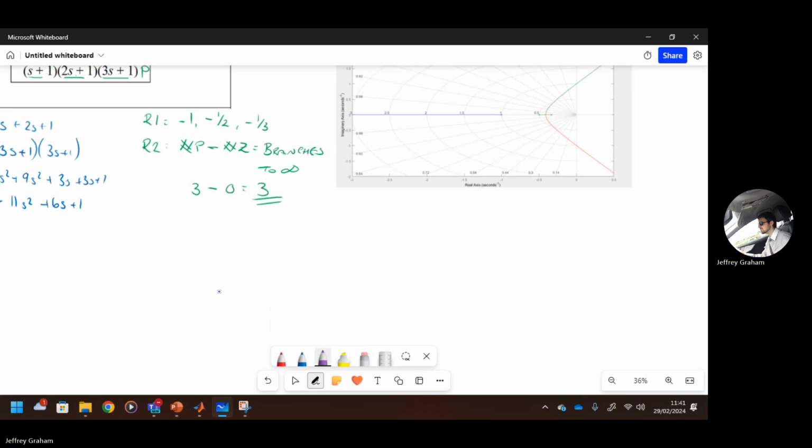Right. So rule number 5, the asymptote angle formula says plus or minus 180 over the number of poles minus zeros, times n plus 1.